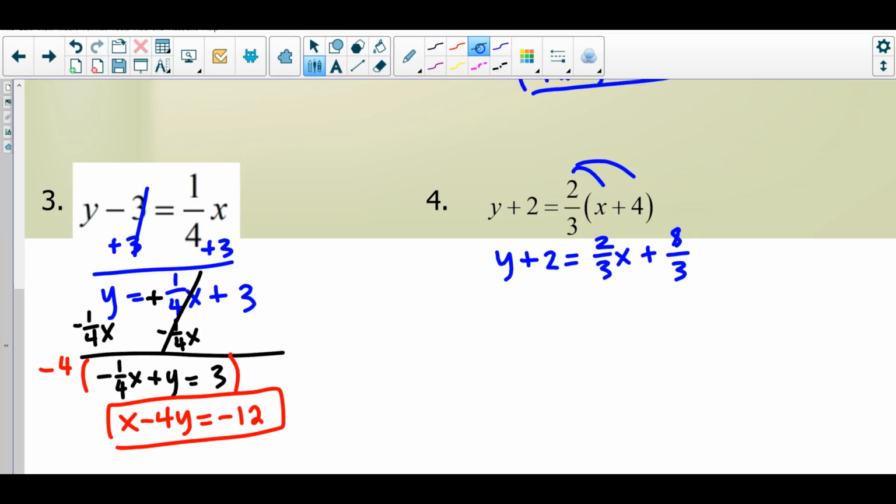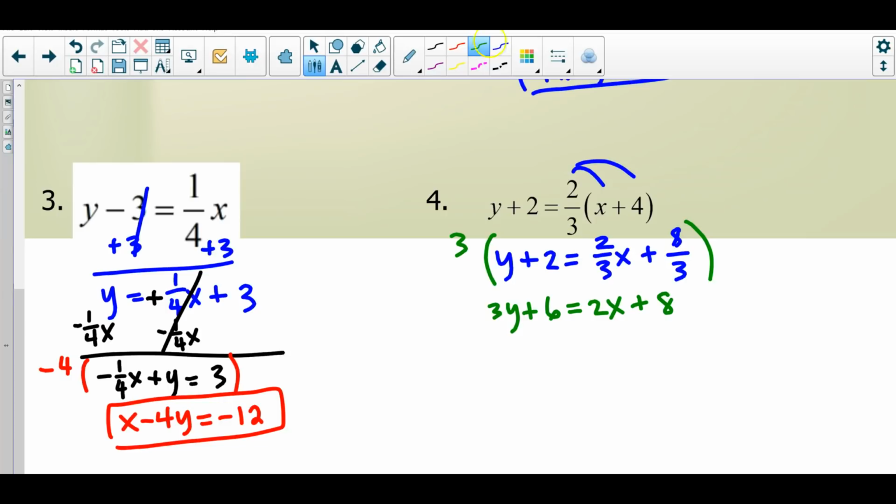So I'm going to make my life easier and eliminate my fractions right now by multiplying the entire equation by 3. That leaves me with 3y plus 6. My 3's cancel here. My 3's will cancel here as well.